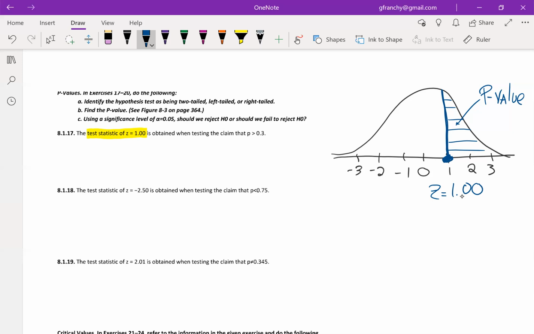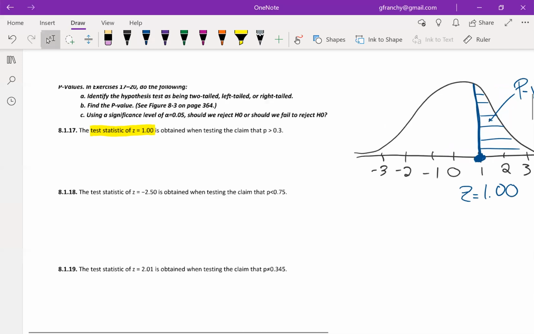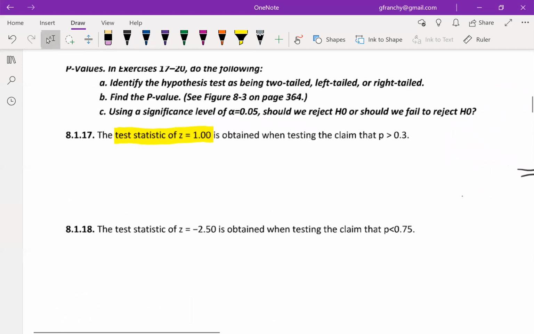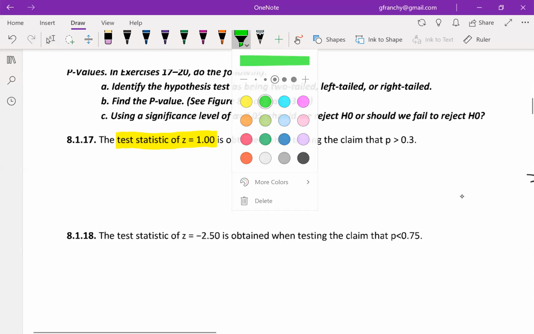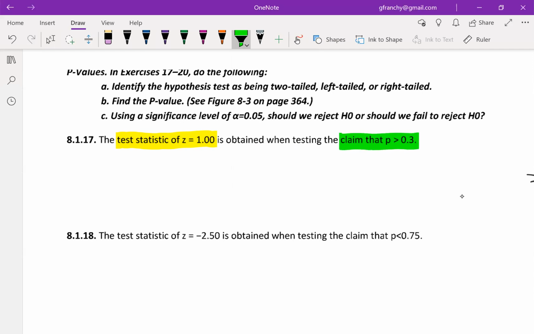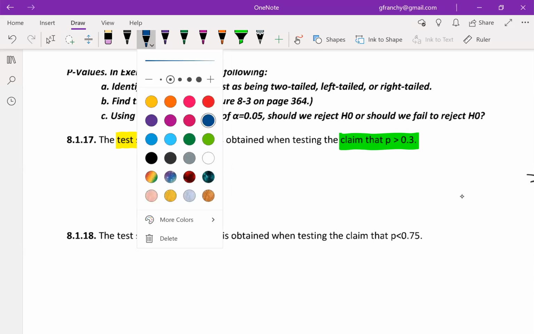So going back to question 17, the first thing we need to do is determine: is this hypothesis test a two-tail test, left tail test, or right tail test? To do this, we have to identify our claim here, and our claim is already in symbolic form.